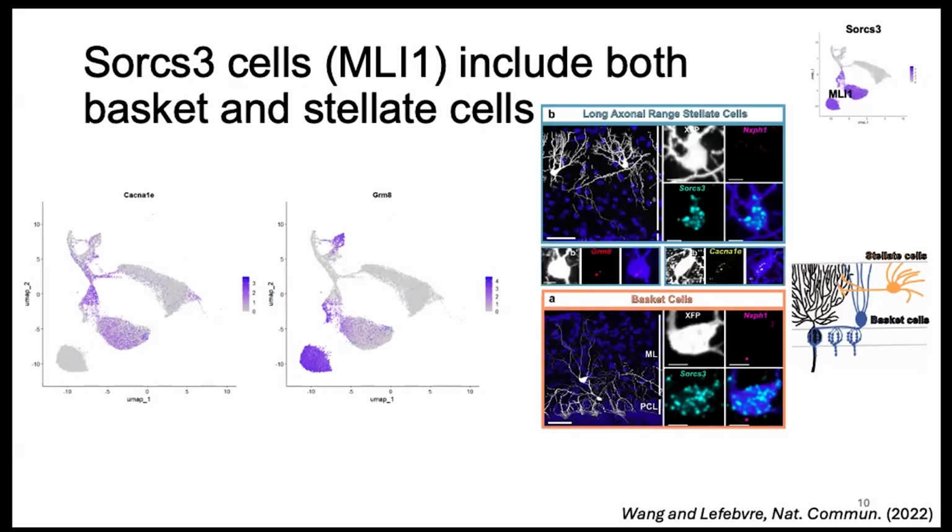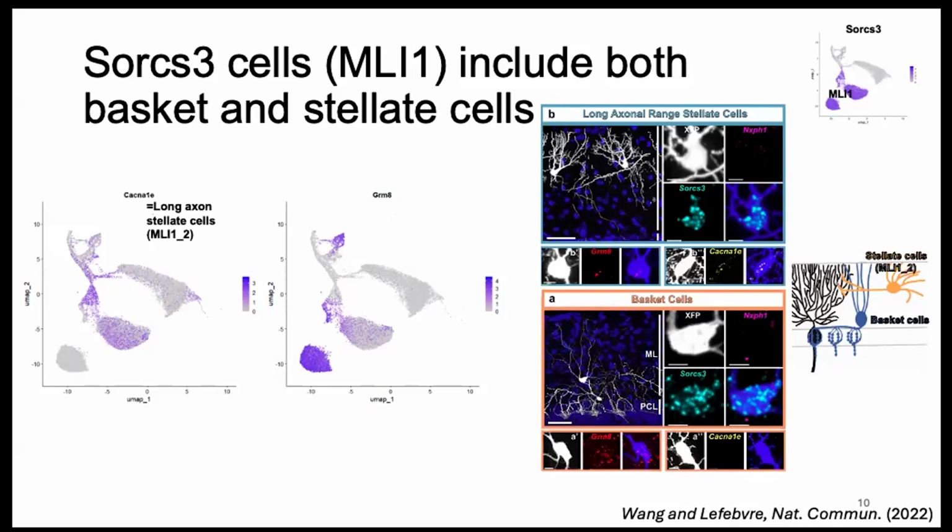But then when she looked at the expression of CACNA1E and GRIM8, she showed that the stellate cells have high expression of CACNA1E, indicating that CACNA1E might be a good marker for these stellate cells. But then the basket cells didn't express CACNA1E, instead they expressed GRIM8, which indicates that GRIM8 might be a good marker for these basket cells, all of which are included within the SORX3 population, which is MLI1.